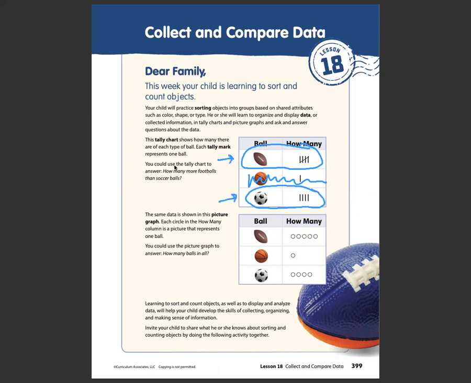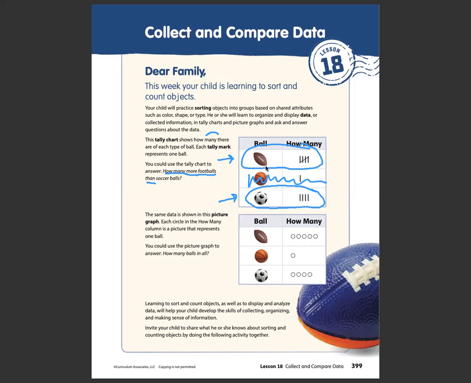And when we hear that question, how many more footballs than, when we hear those words, how many more than, how many less than, how many fewer, how many less, what's the difference, it means subtract.